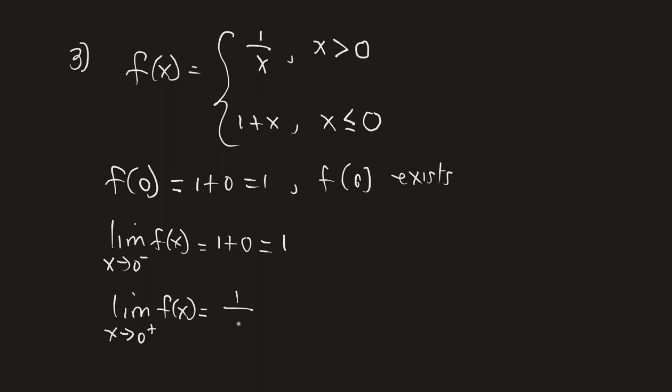I'm going to have 1 over 0 plus. Right? And this is that classic form that tells us that we actually have an infinite limit. And in fact, the function goes off to positive infinity. So what does this one look like? Well, let's see if we can sketch it.